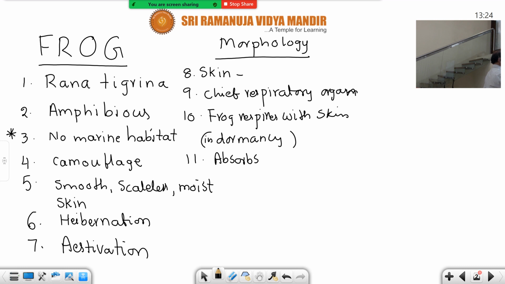If anybody asks you the water drinking organ of frog, it is skin. Another important point, so the second paragraph's last line is this one. What is the water drinking organ of frog? That is skin. Absorbs water through skin.